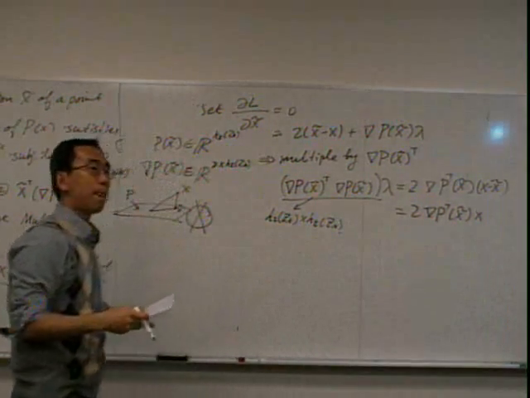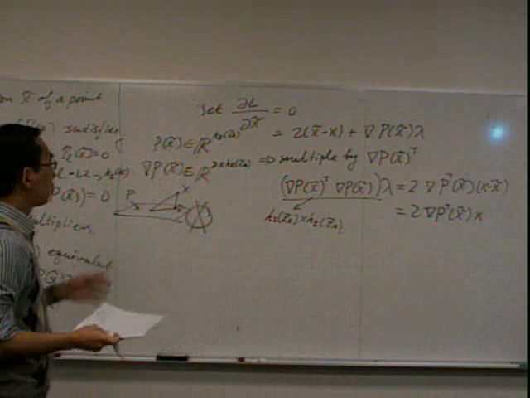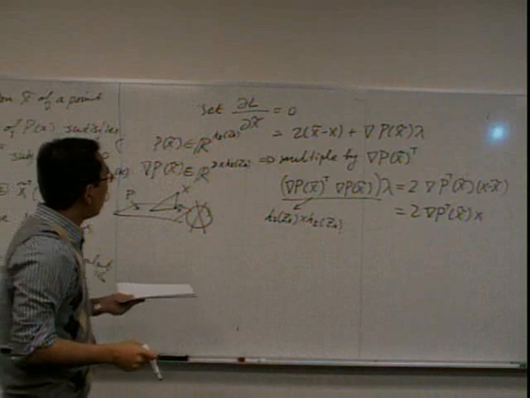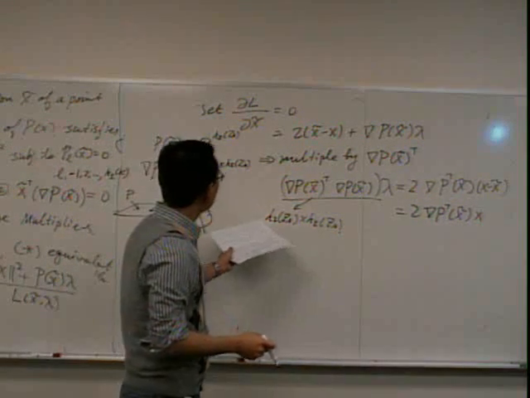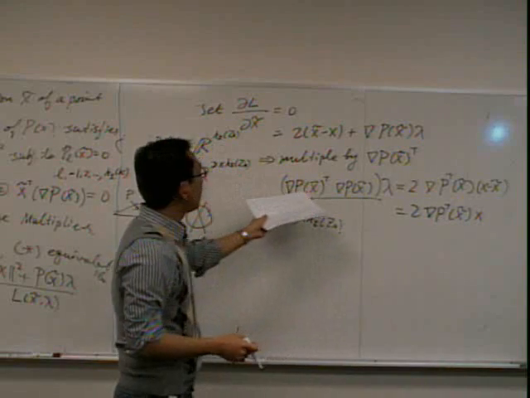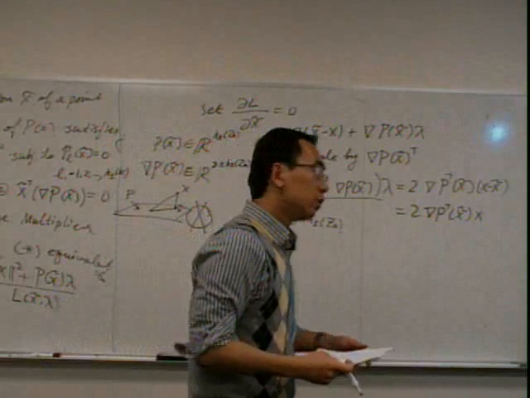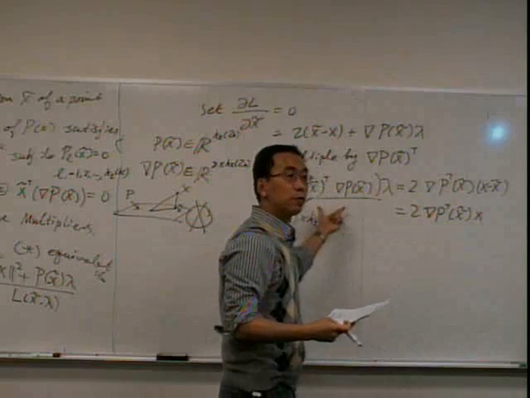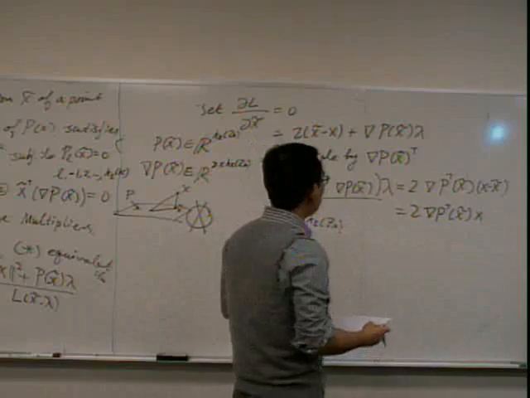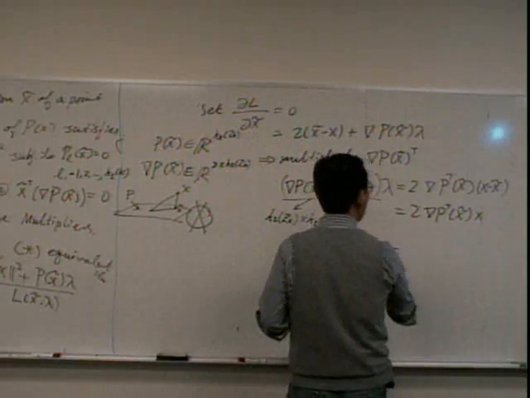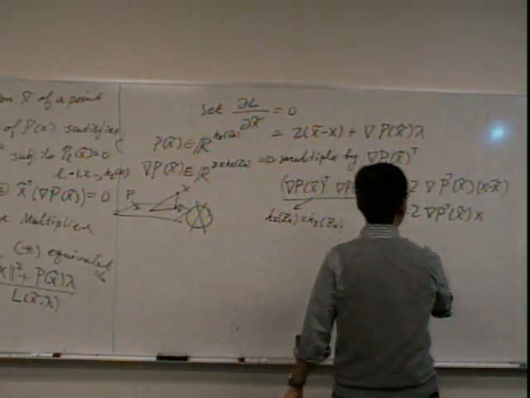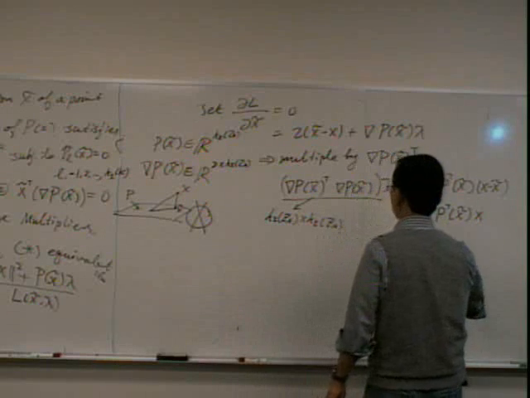So you can see if this guy is larger than D, then this guy is guaranteed to be rank deficient. So this matrix may not be full rank. So what you can do to compute lambda is to take the pseudo inverse instead of the inverse.